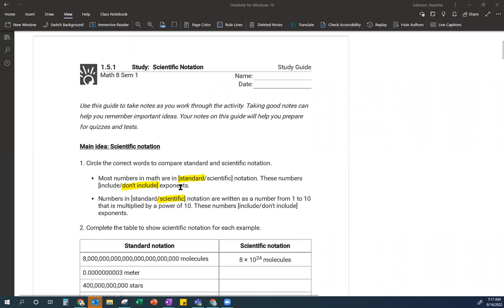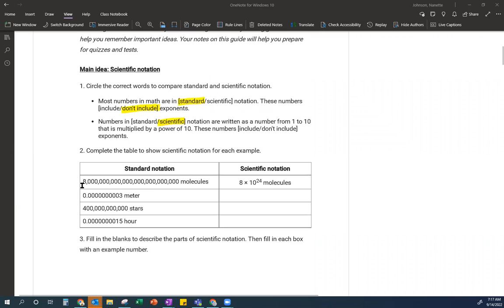Okay. So for example, instead of looking at this number, which I don't even know what to call, here's millions, here's billions, here's trillions, and then I lose it. I don't remember the names of these. So instead, we just say 8 times 10 to the 24th molecules, right?